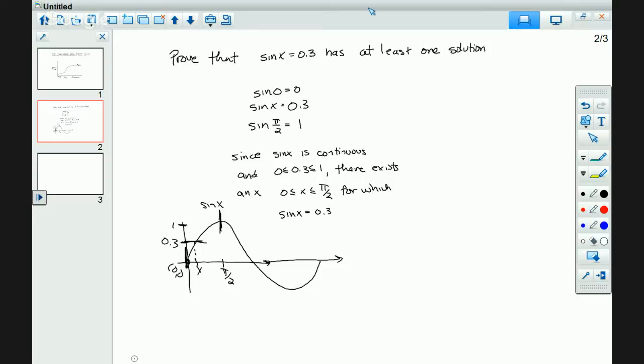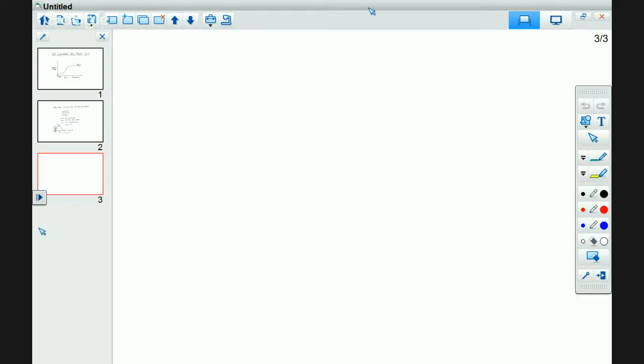So let's write out the theorem formally. It's good to be used to this stuff. So this is the IVT. If f of x is continuous on a closed interval, remember what a closed interval is?